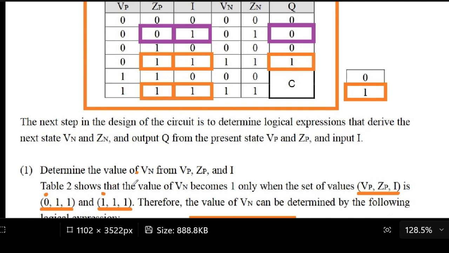And then the second one is asking us to put 1 for VP, 1 for ZP, and 1 for I, which gives us 1 as well. Given that, we need to know how we can put them into some form of logical expression.